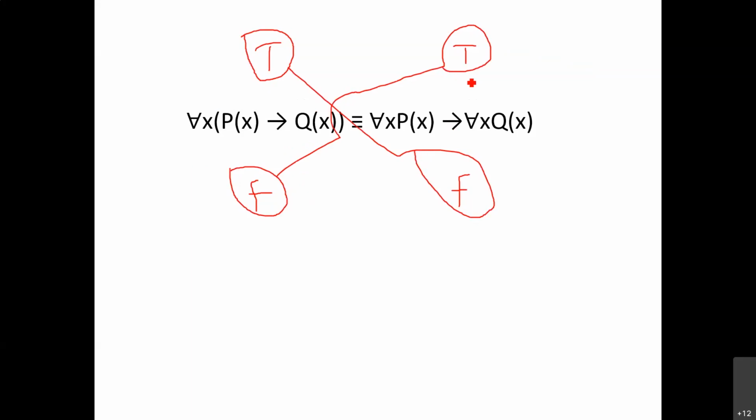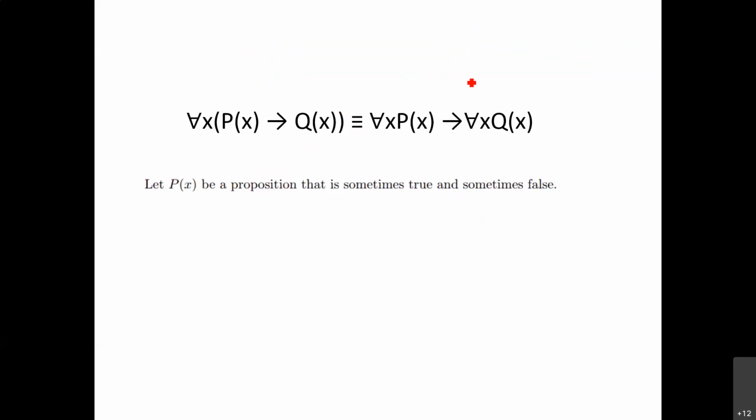Okay, so focus with me here on just trying to understand it. Don't worry about trying to come up with the proof on your own. So step one is gonna be this. We're gonna assume that P of X is a proposition that is sometimes true and sometimes false.